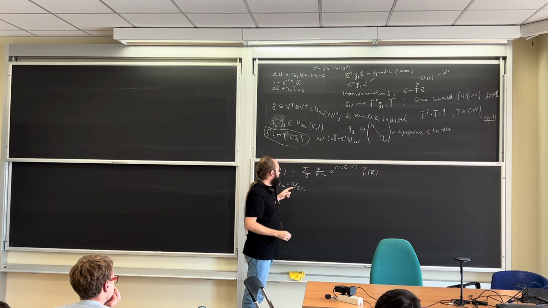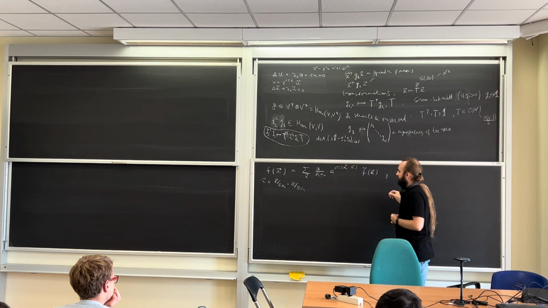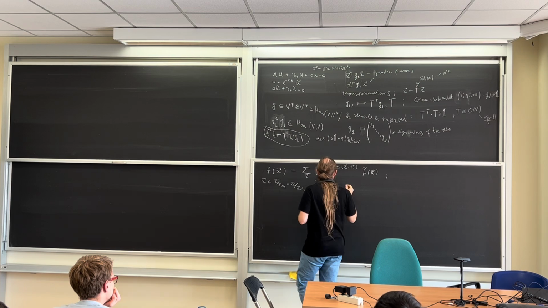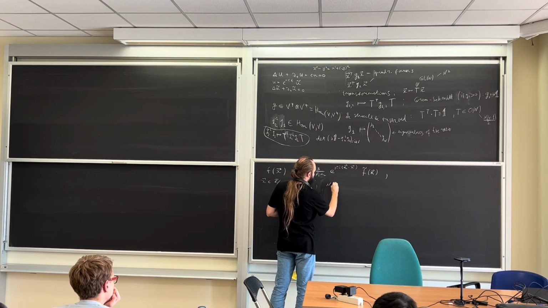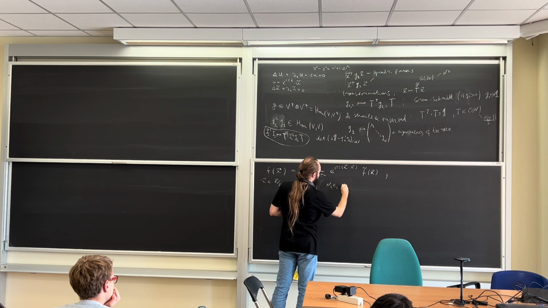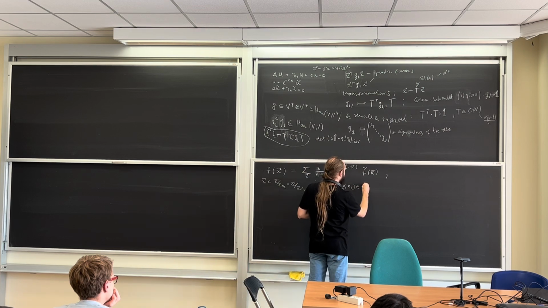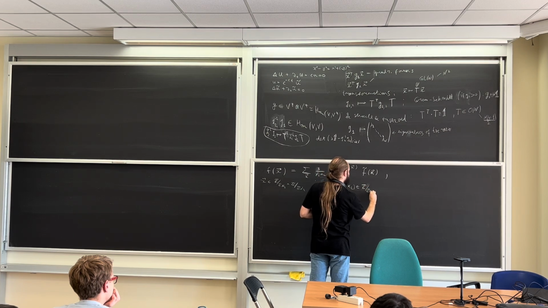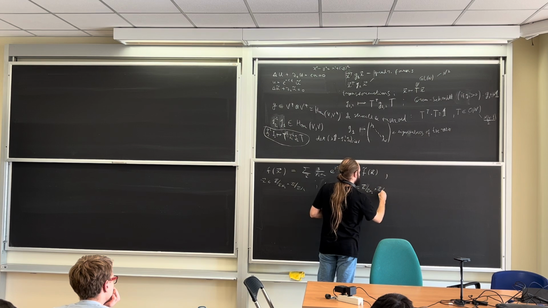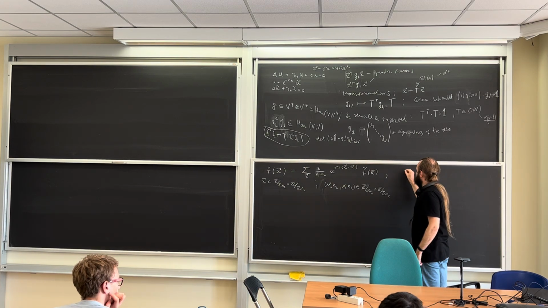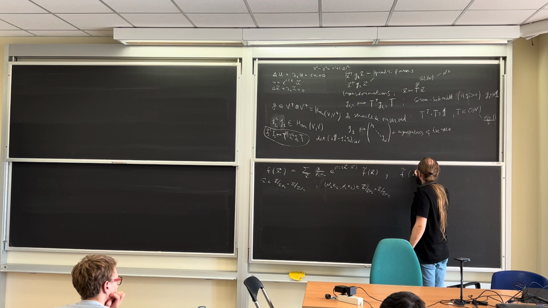And we proved that, where k1 and k2 were integers, again in Z over n1 Z times Z over n2 Z, the inverse Fourier transform is given by this formula.